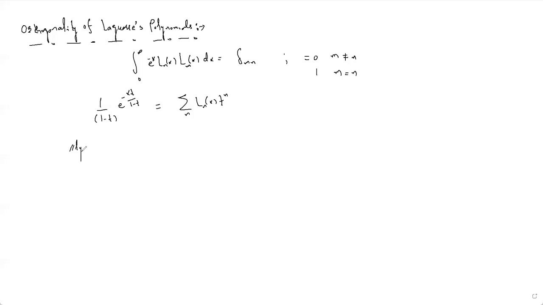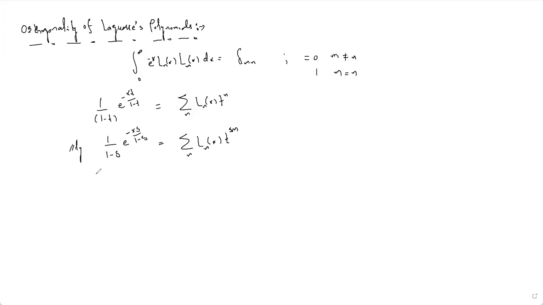Similarly, I will consider for another variable 1 over (1 minus s) times e raised to power minus xs divided by (1 minus s), which is equal to the sum of L_m(x) s raised to power m.